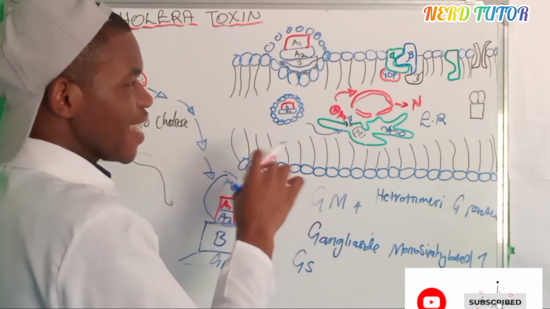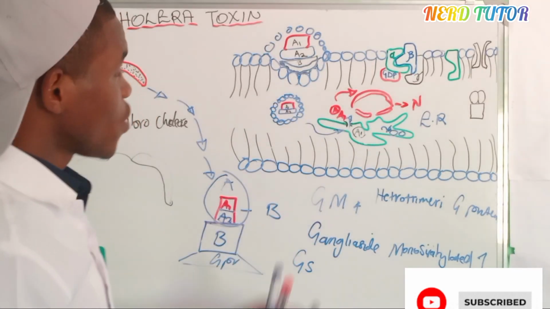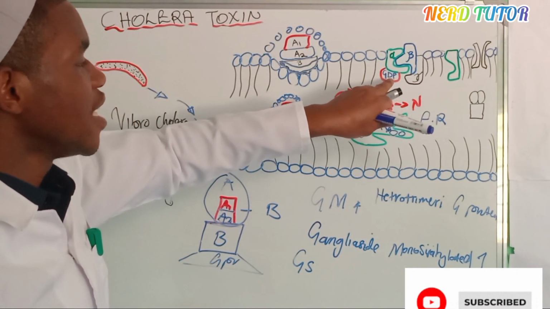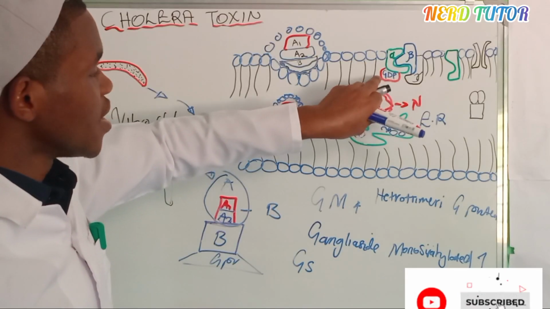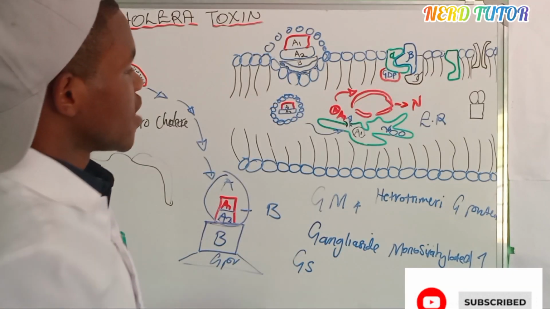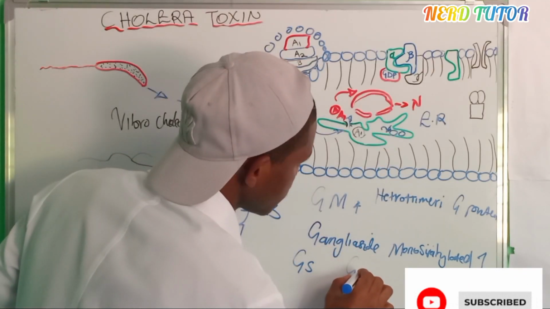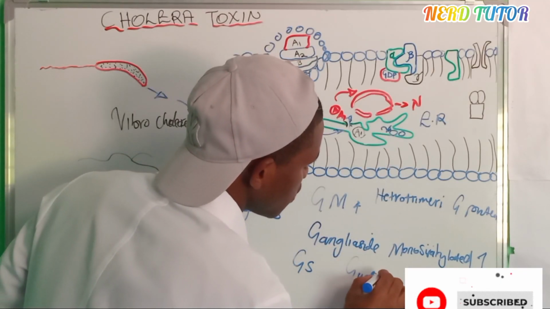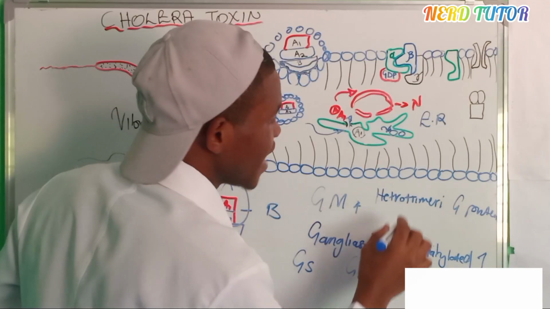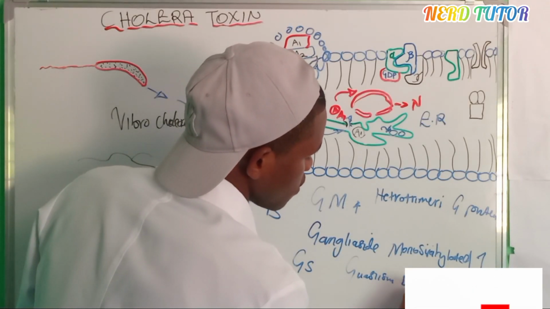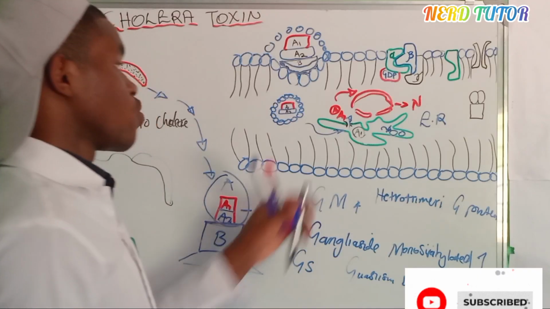So now in the inactive form, this is inactive. Why? Because it is connected to the what? GDP. This GDP means guanosine diphosphate.